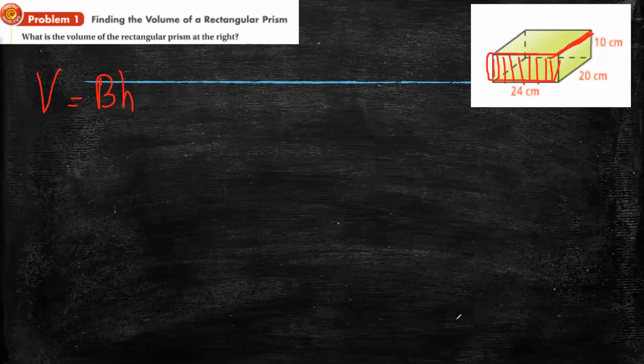If you consider that this is your base, and this is the height that is perpendicular on the base, what will the volume be? Let's see. Look at the base here. It is a rectangle. What is the area of the rectangle? Length times width. 24 times what? 10. Times 10. Is it right?